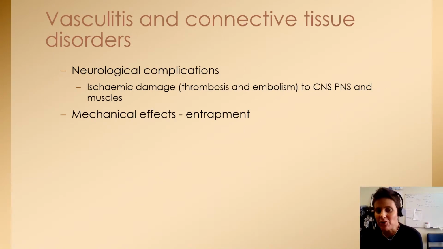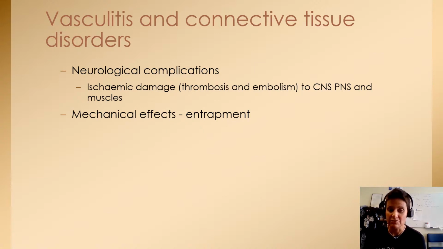Because it's all connected and the nerves are in the human body, vascular and connective tissue disorders can cause nerve disorders. If you have a lack of blood flow due to a thrombus or embolism to a part of the body, and that then causes a lack of blood flow to the nerves, the central or peripheral nervous system, you can end up with a neurological complication that was purely due to lack of blood flow.